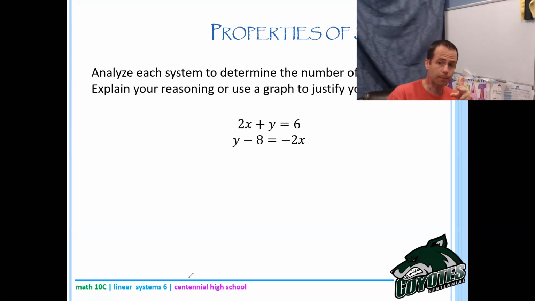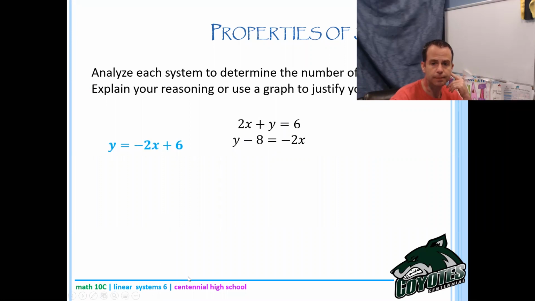So for this top guy, 2x plus y equals 6, I need to write that as y equals mx plus b. I'm going to bring the 2x over, so it'll become -2x. So that will, oh, sorry, my mouse wasn't on. That will be y equals -2x plus 6, okay? And then for this guy, I need to bring that -8 over, so that'll be -2x plus 8. So now I look at this and I say, okay, my slopes are the same, but my y-intercepts are different.